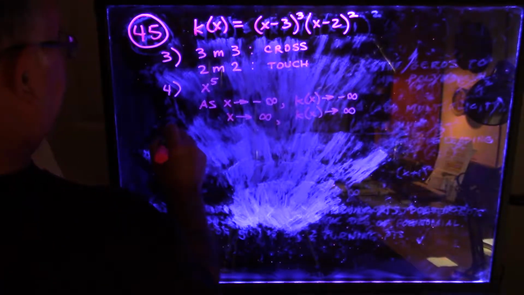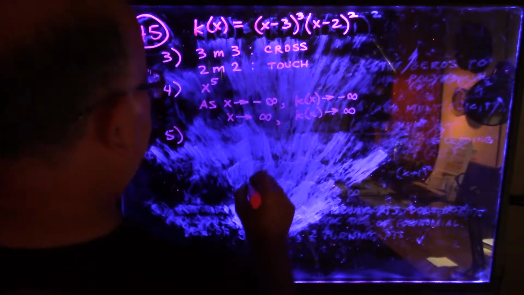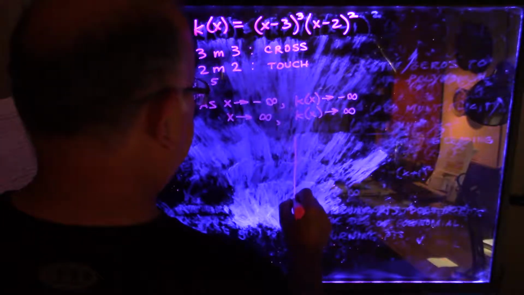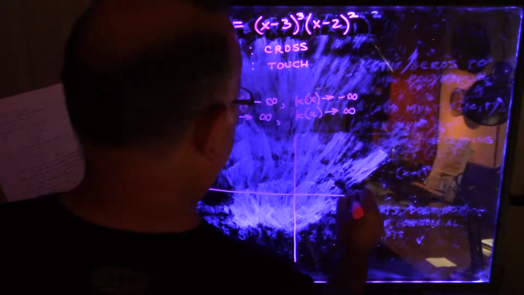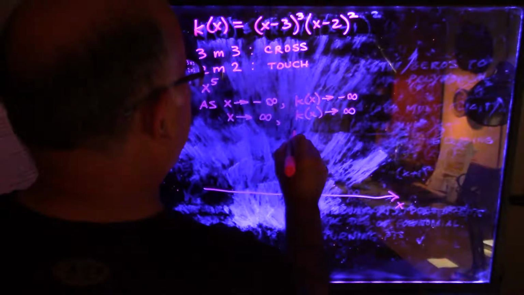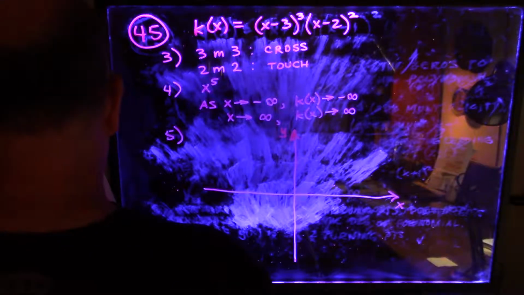And step 5, we're going to use all this information and draw a rough sketch. So here we go. So what do we have?